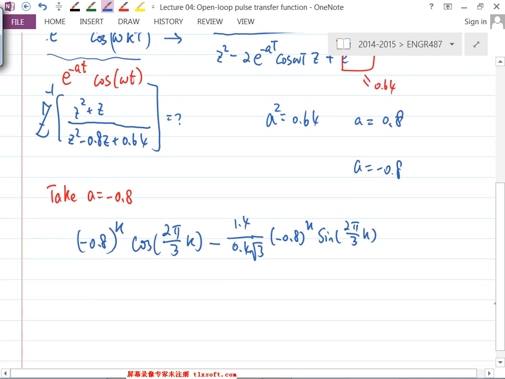Okay, so this is the result if I take A equal to negative 0.8. You can look at your previous lecture notes or my lecture notes.